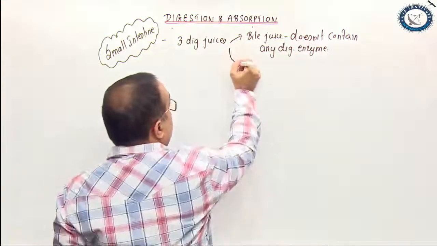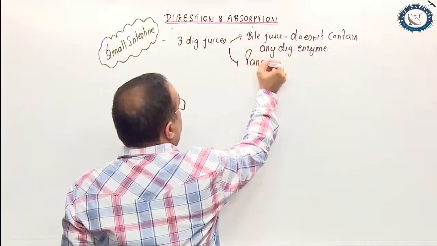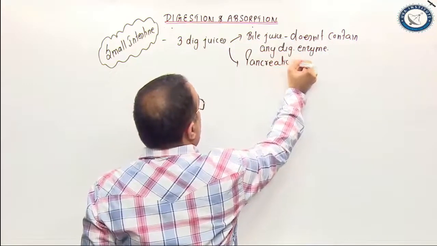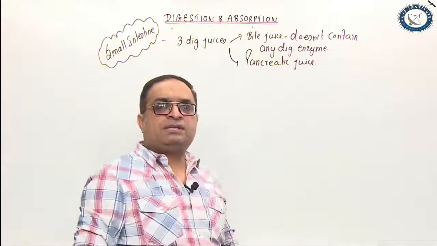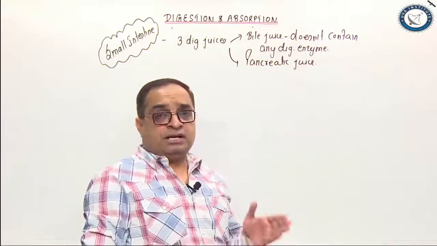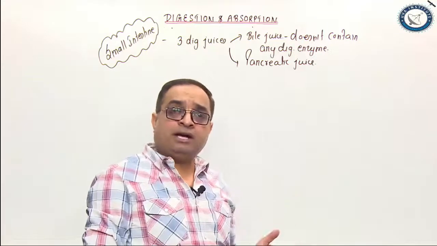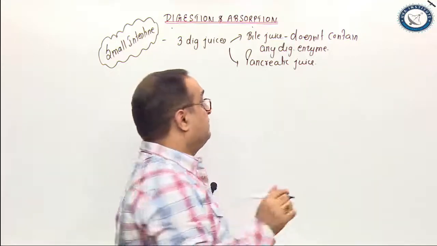The second juice in the small intestine is pancreatic juice. It is the richest digestive juice because it has a variety of enzymes for digesting proteins, carbohydrates, fats, and nucleic acids.